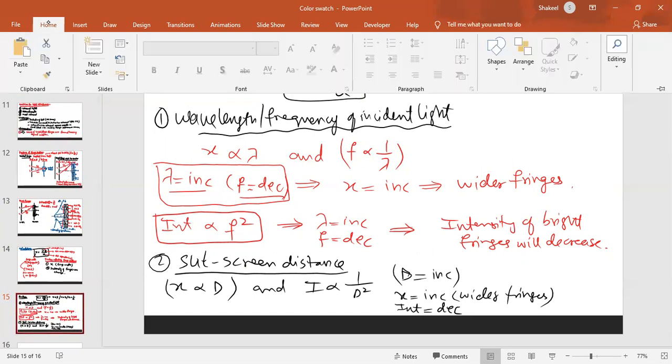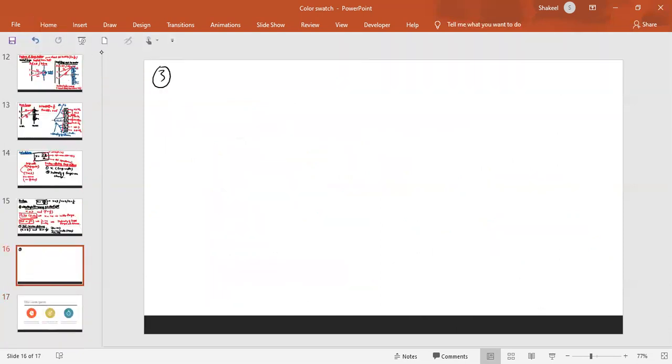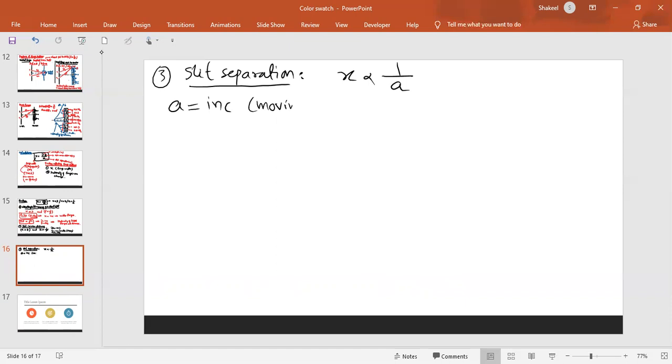The third factor is slit separation. From the equation, it is clear that x is inversely proportional to a. So if you are increasing the slit separation, like the two slits are moving apart, then x should decrease.